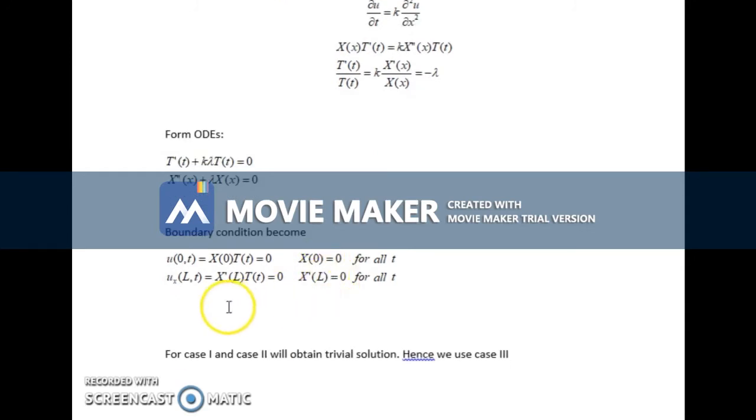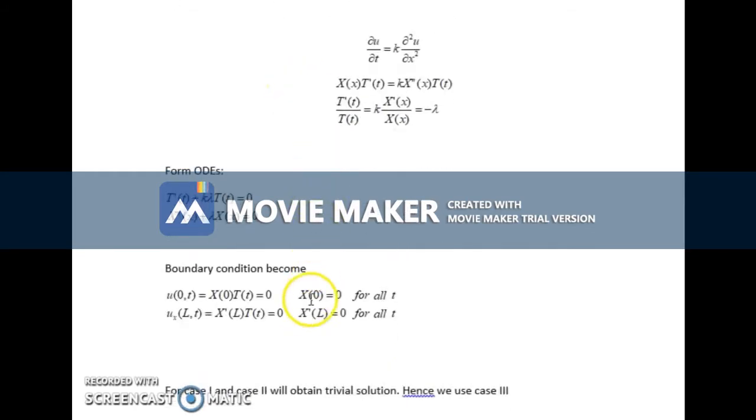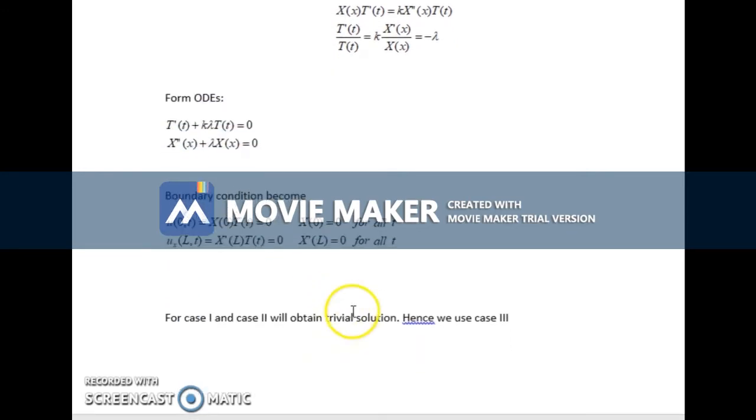The boundary condition becomes u(0,t) equals 0, and when we substitute this boundary condition into this function, it becomes X(0) equals 0 for all t. Same goes to u_x(L,t) equals 0, and X prime(L) equals 0 for all t.